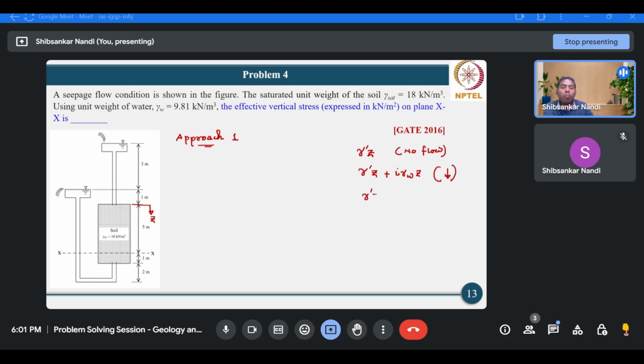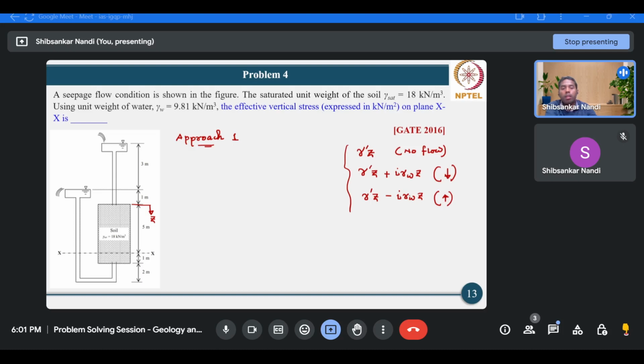And for the upward seepage, it will be gamma prime Z minus i gamma w Z. This is for the upward seepage flow. So it's very obvious that the effective stress increases when there is seepage flow in the downward direction, and decreases when there is seepage in the upward direction.